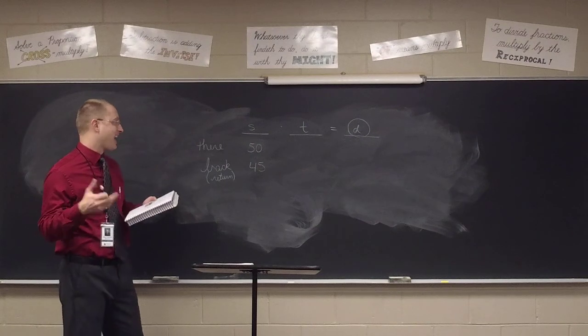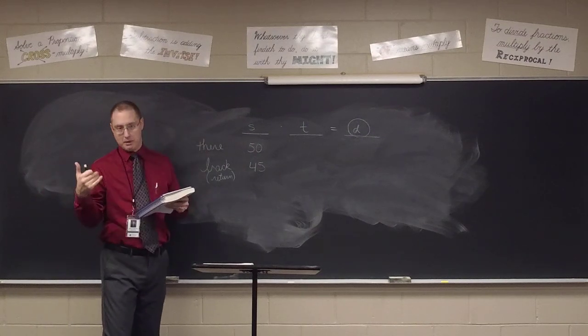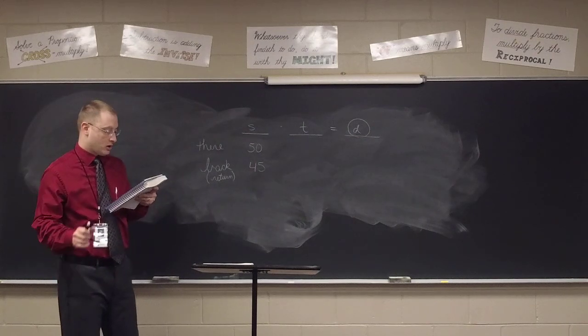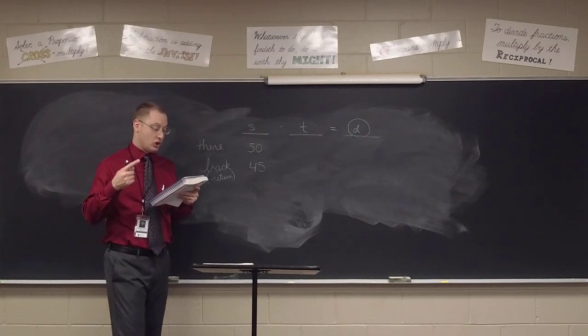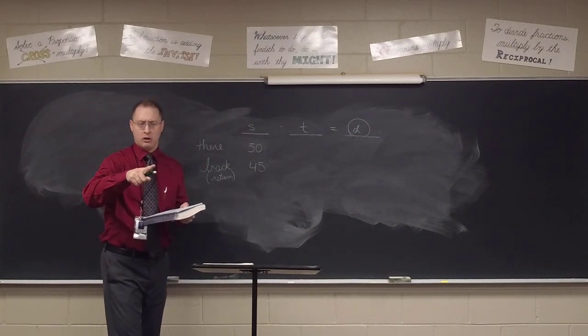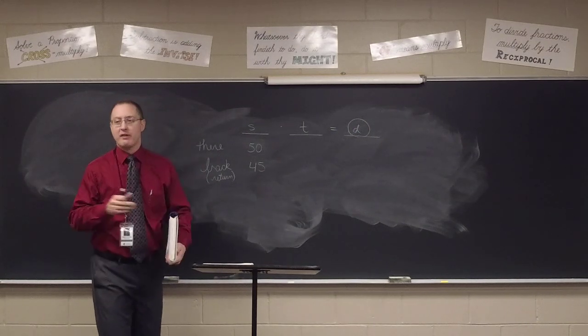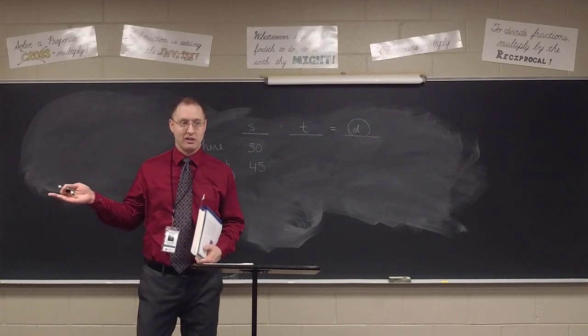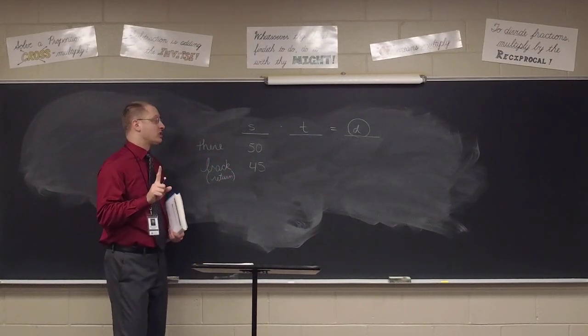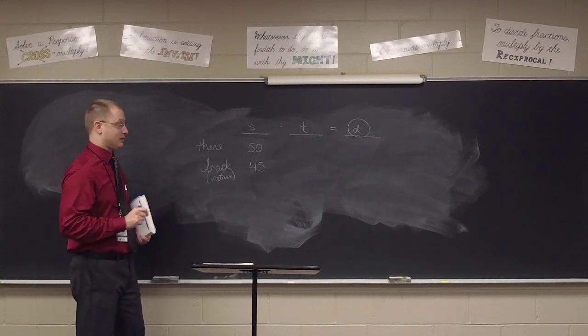What about the time? What does it tell me about the time there or the time back? Maddie? Coming back took half hour longer. Well, that's a comparative word, right? Half an hour longer than what, class? Getting there. So do you see that this time it's clearly spelled out which one must be X?